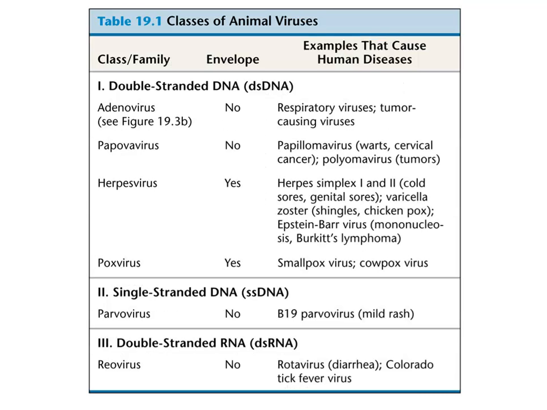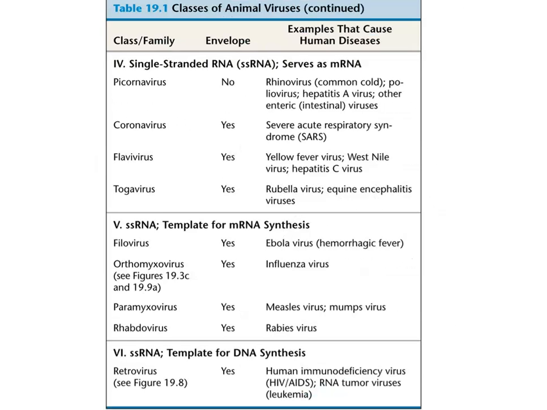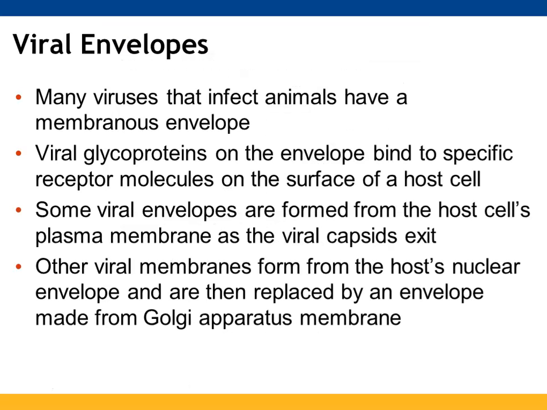And then you also notice it had some where it talked about envelopes. So we have a couple of double-stranded DNAs that have envelopes, and we have several single-stranded RNAs that have envelopes as well. So there's a lot of viruses that infect animals that do have that envelope.